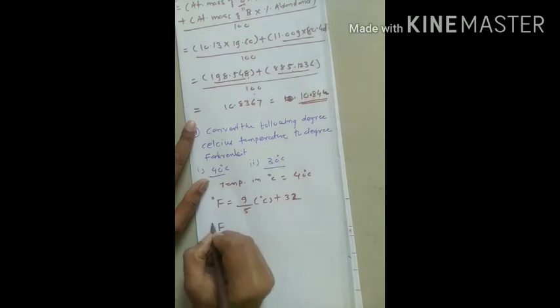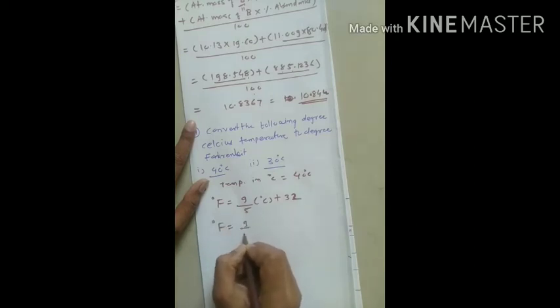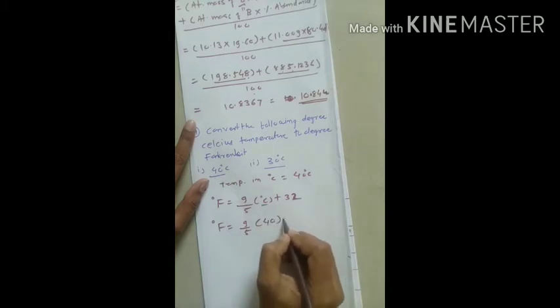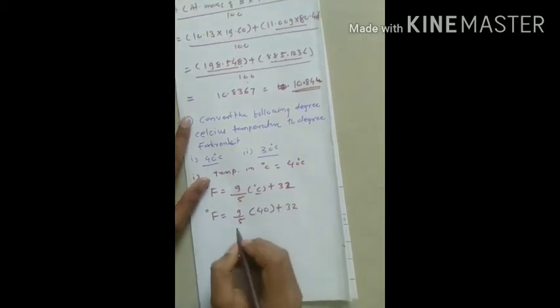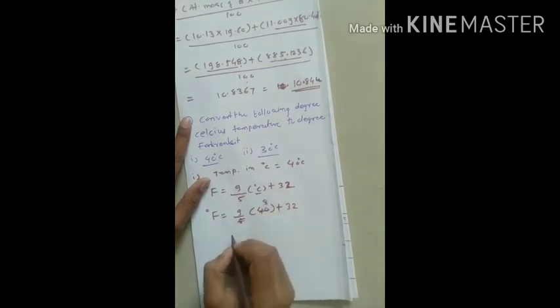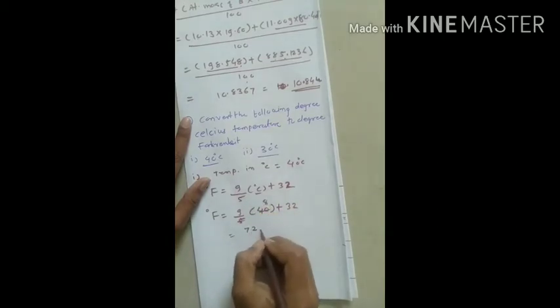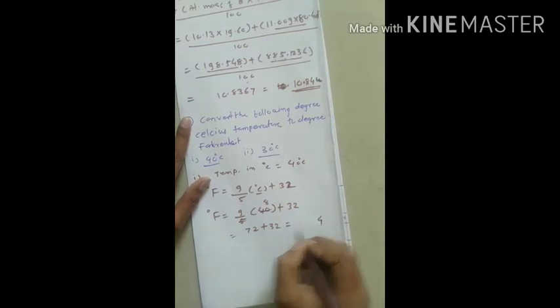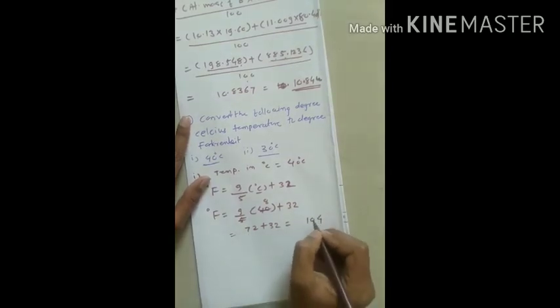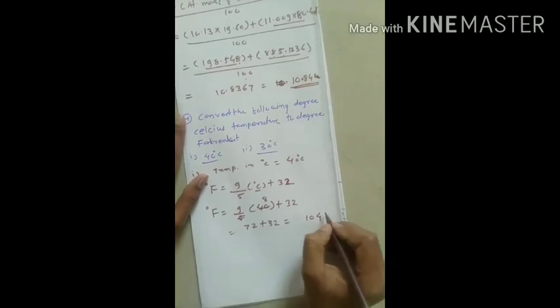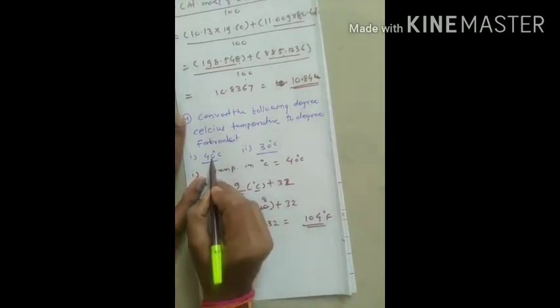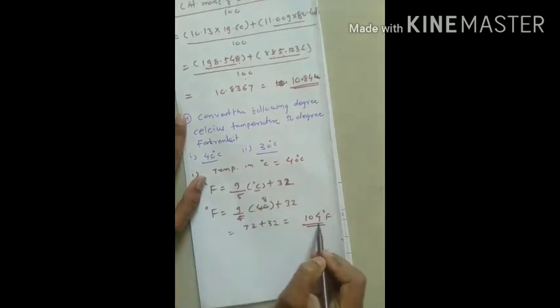So 9/5 as it is, degree centigrade given is 40, plus 32. 5 8s are 40, so it becomes 9 8s are 72, plus 32. Adding them, 2 plus 2 is 4, 7 plus 3 is 10. So it is found to be 104 degree Fahrenheit, which means 40 degree centigrade is 104 degree Fahrenheit.